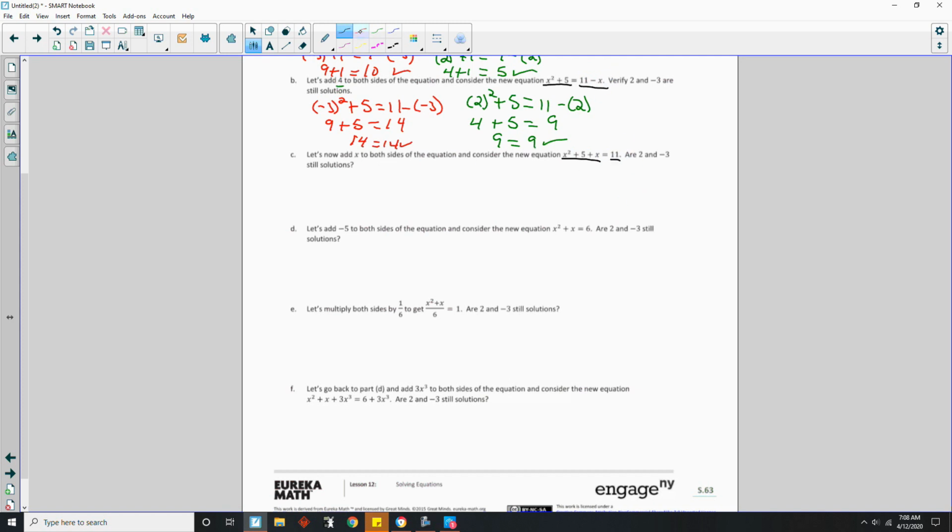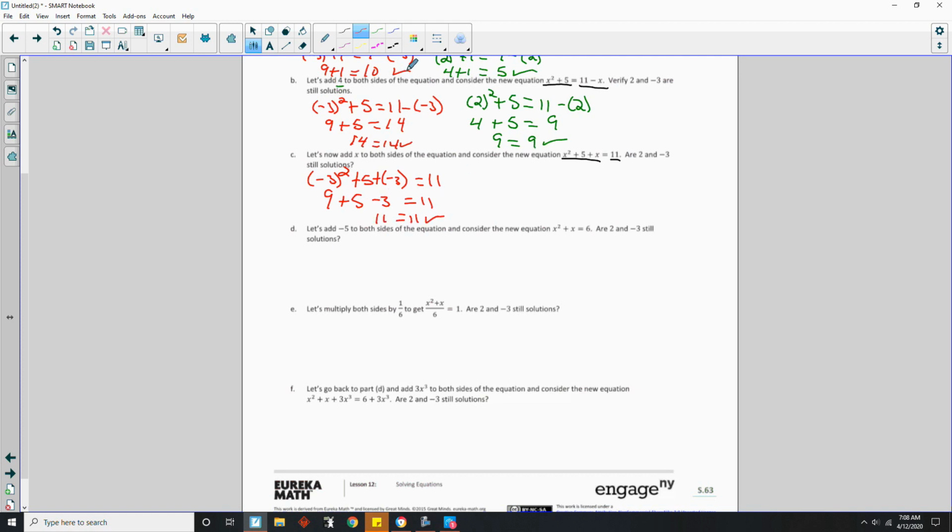And now we're going to check again. Let me do the negative 3 first, stay in order. Negative 3 squared plus 5 plus negative 3 equals 11. Negative 3 squared is 9 plus 5 minus 3 equals 11. 9 plus 5 is 14. 14 minus 3 is 11.